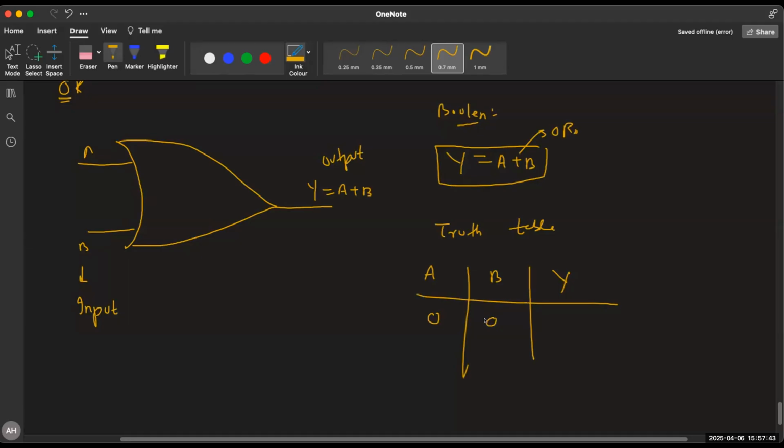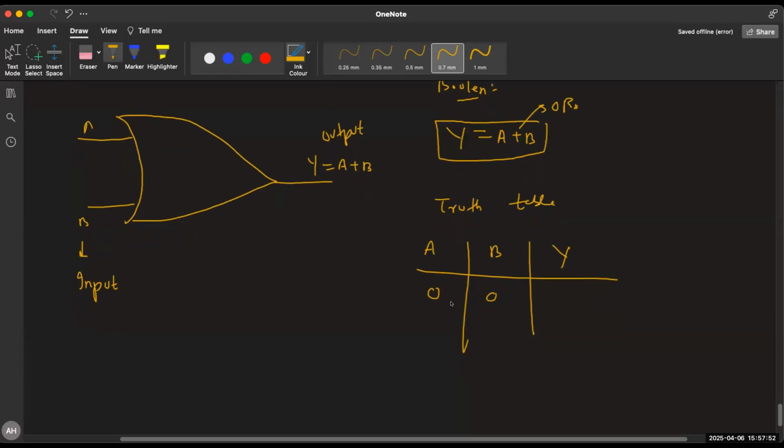We don't have any other numbers like 2, 3, 4. It's binary basically. 0 means the switch is off, and 1 means the switch is on.